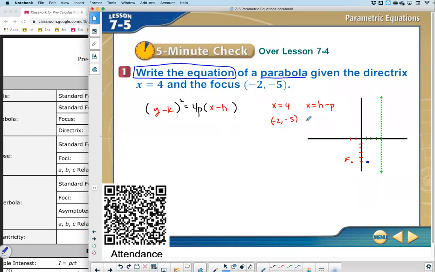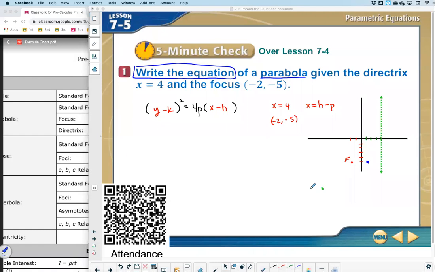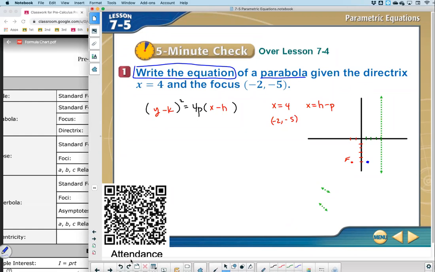On this one, you could also use algebra because focus is one of the values listed on the formula chart. You don't even have to use your distances and spatial awareness to solve this problem. You could just say, okay, the focus is h plus p, comma k. So h plus p comma k is what I'm going to write down next. This is the formula chart right here.